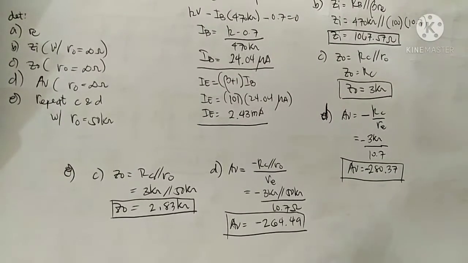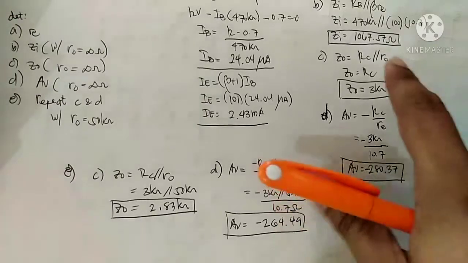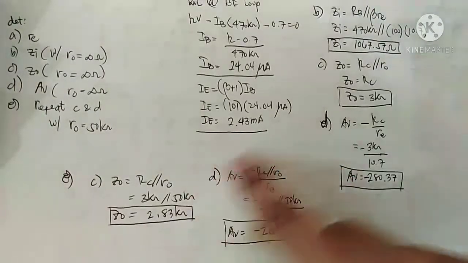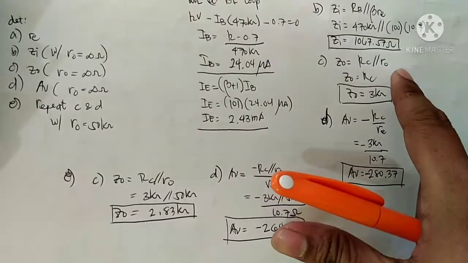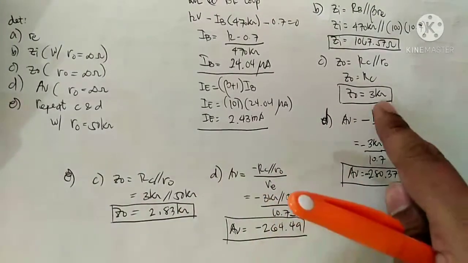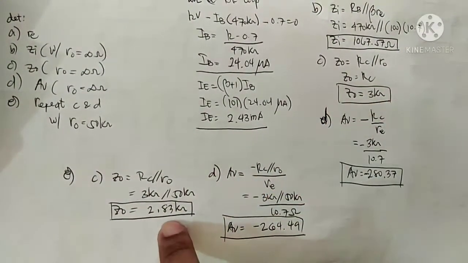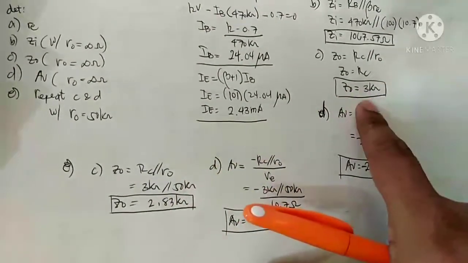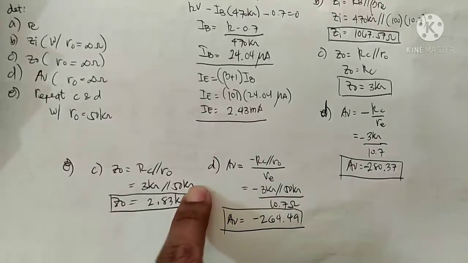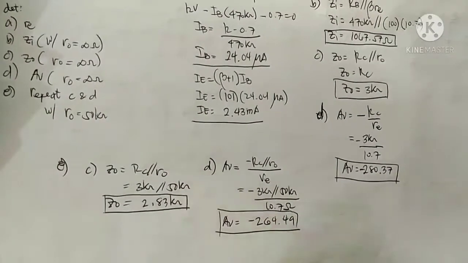As you can see, if you don't include the RO, which is applicable only if RO is a large number, the difference is small. 2.83K and 3K are very, very close if your RO is a large number or equal to infinity.